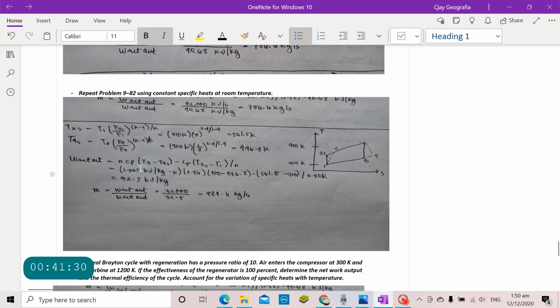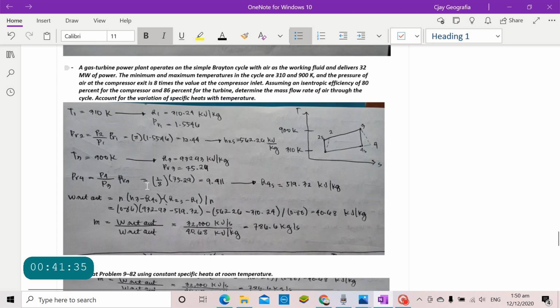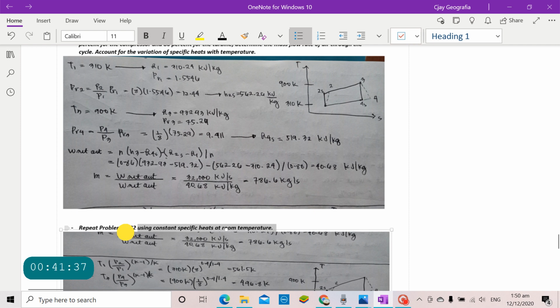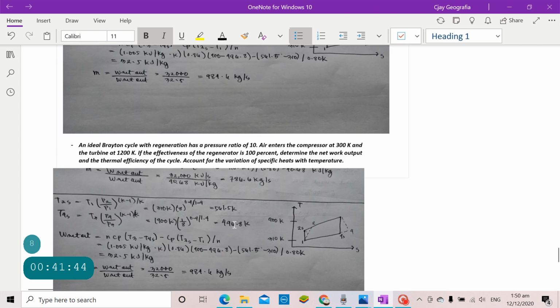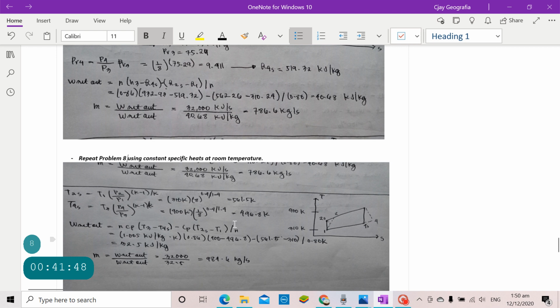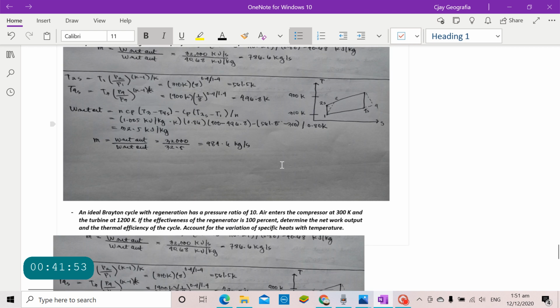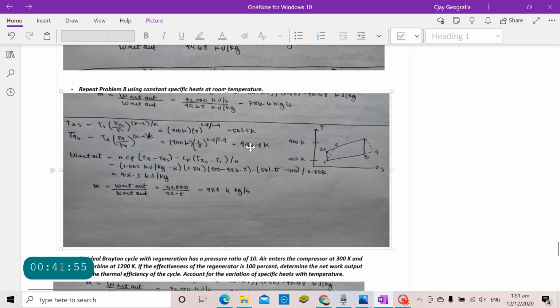Then next question is to repeat problem number 8 using a constant specific heat at room temperature. So as we know, if constant specific heat is given as an assumption, we should use this formula.